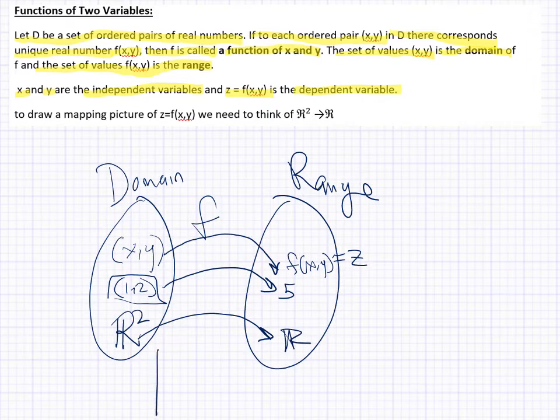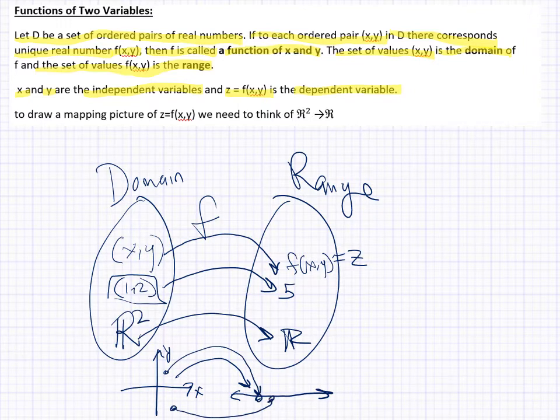Think of it as 2 dimensions, say x and y, getting mapped onto a single real number line. Take a point here, match it onto a real number line. Take a point here, match it onto another point on the real number line, etc. This is the concept of a multivariable function, in this case a 2-variable function.